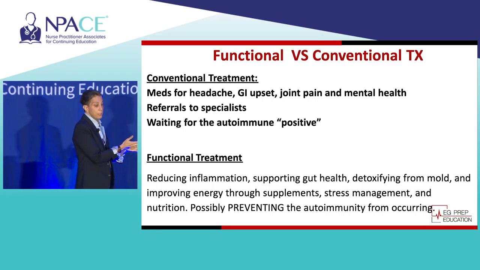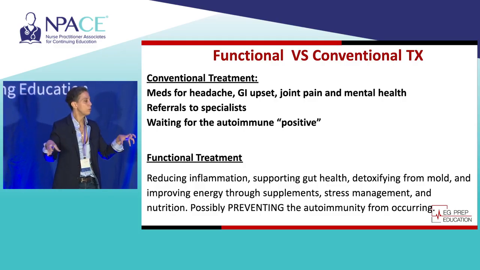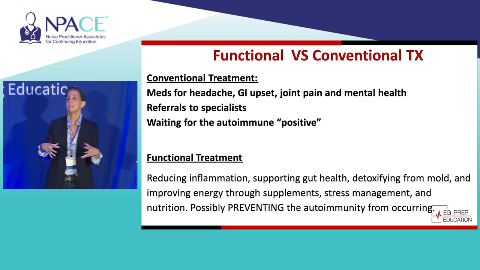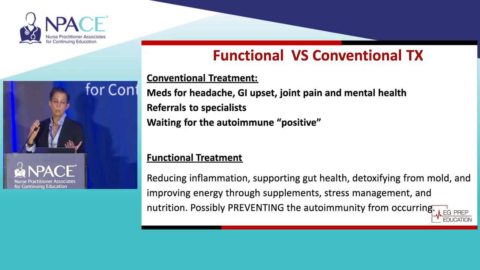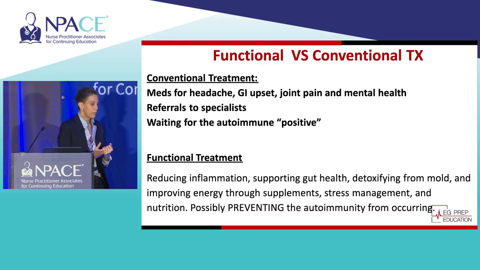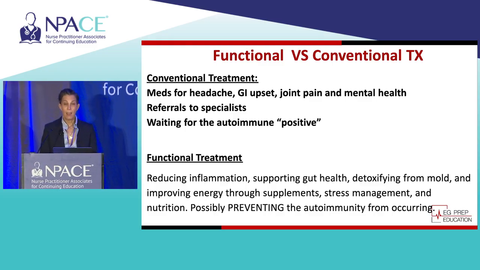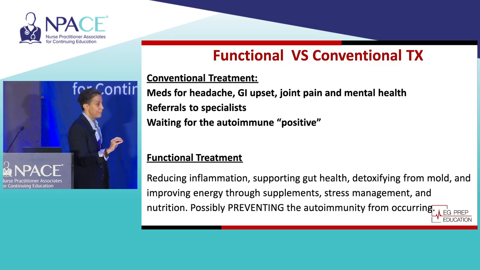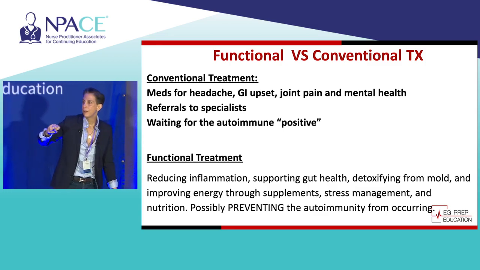In functional treatment, we understand that these symptoms mean something's cooking, and we're going to start doing things right now. We're not going to sit and wait for the RF factor to come up. So we're going to start reducing inflammation, support the gut health, detox from mold, improve energy through supplements. And when we do that, instead of waiting for the RF, we could actually head it off at the pass.